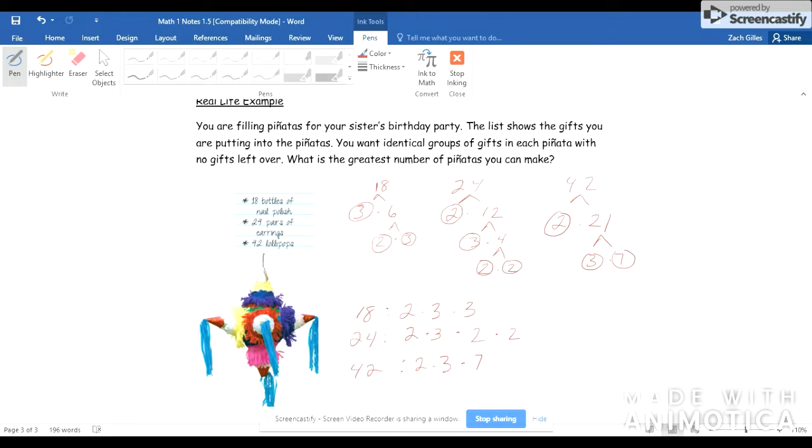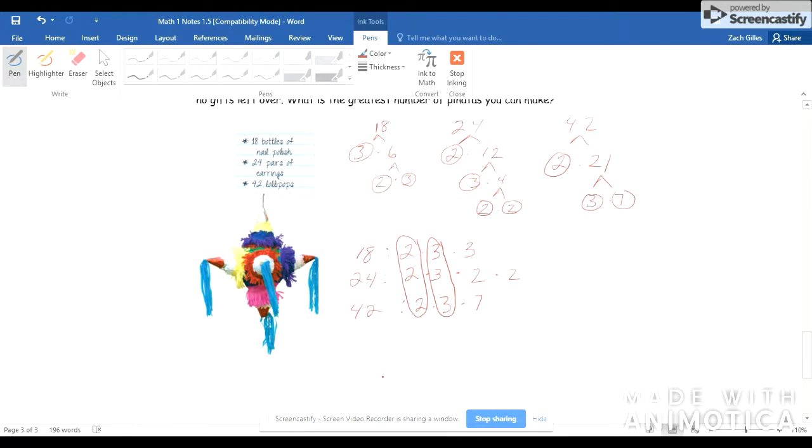Okay, and I'm going to look and see what I have in common here. I'm going to find the product of the common prime factors. So I've got, they all have this 2 and this 3 in common. Okay, it's not common here, not common here. So I need to find the product of them, just means multiply.